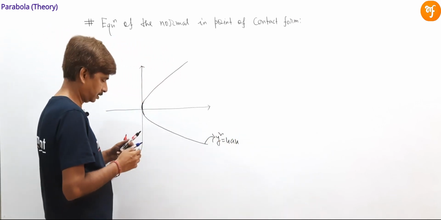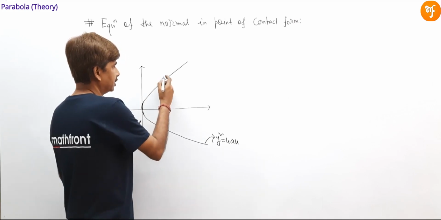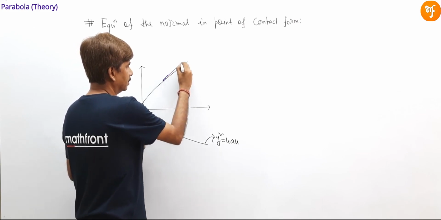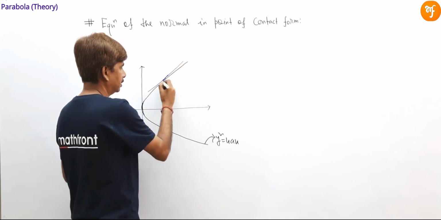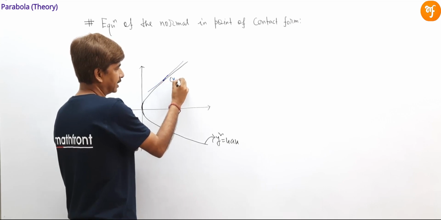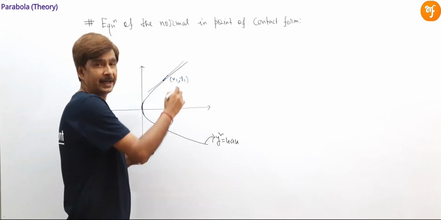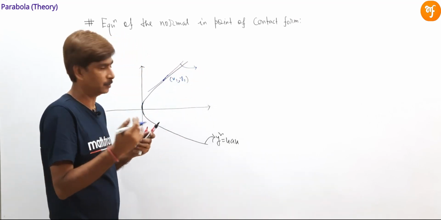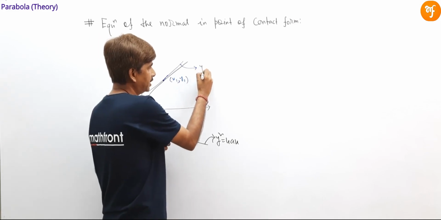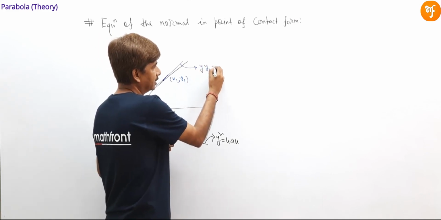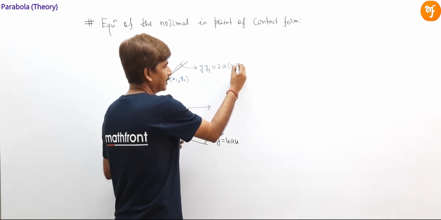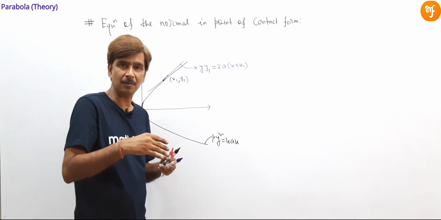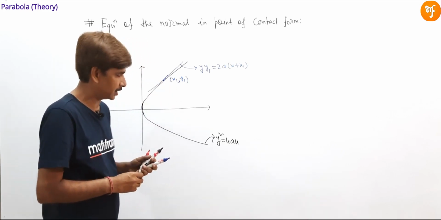So if we draw a tangent on it, and if the point of contact is x1, y1, then what will be the equation of this tangent? We already proved the equation of the tangent will be y into y1 is equal to 2a into x plus x1. Is it?